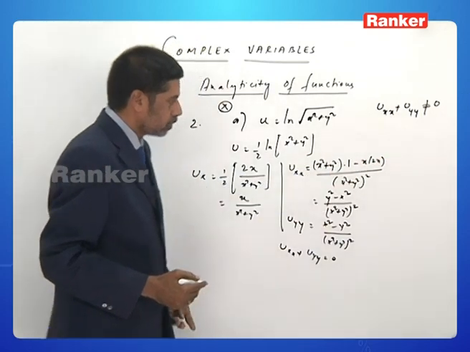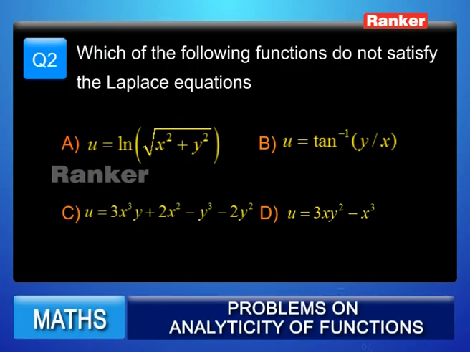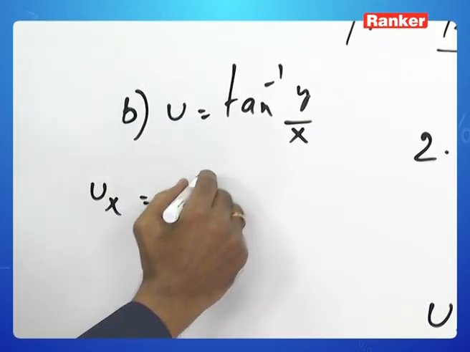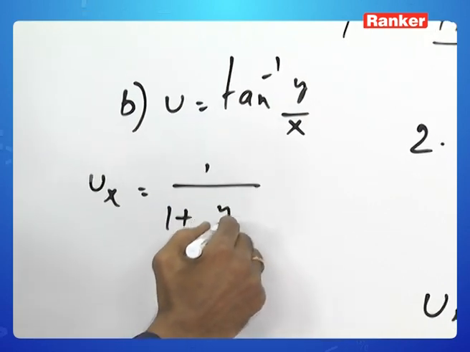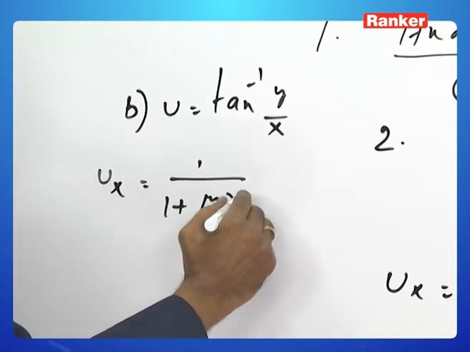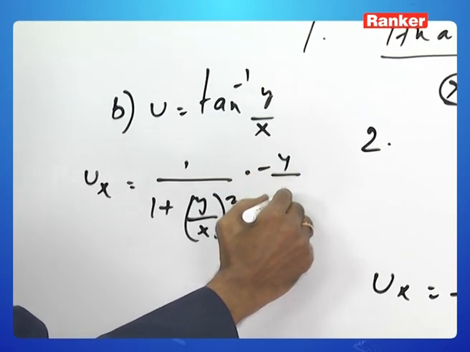So, let us go into the second option and see. In the second option, you are given u is equal to tan inverse y by x. Ux is equal to 1 by 1 plus (y by x) whole squared into minus y by x squared.